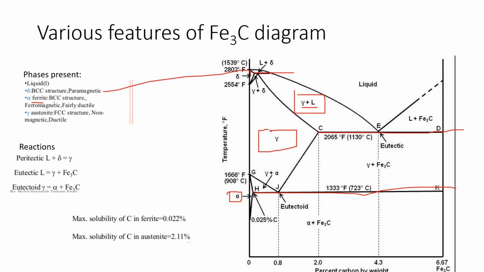The maximum solubility of carbon in ferrite is 0.022%. The maximum solubility of carbon in the austenite region is 2.11%.